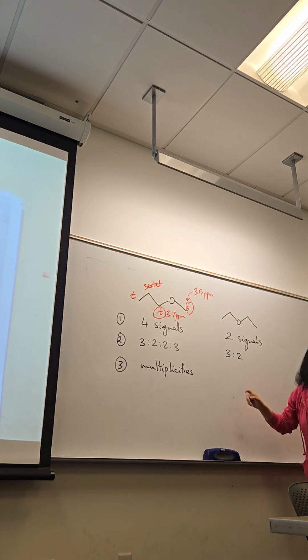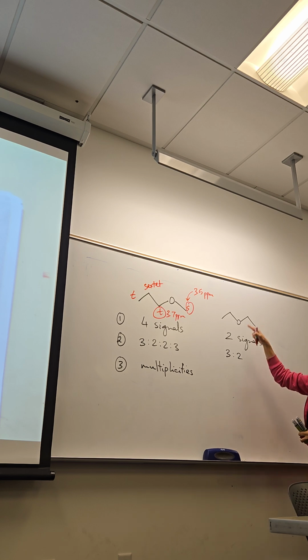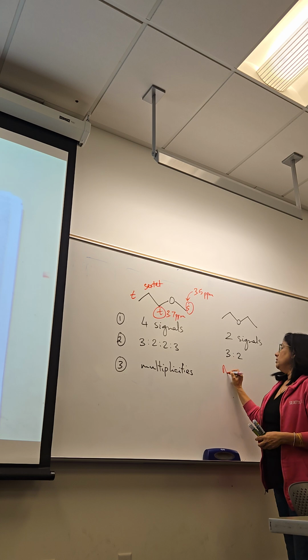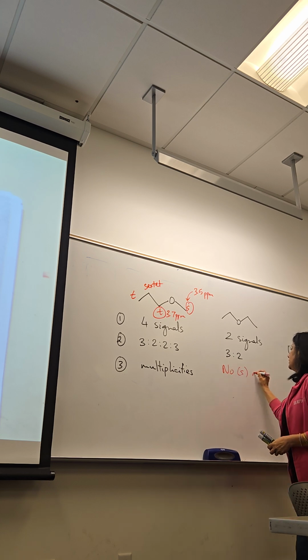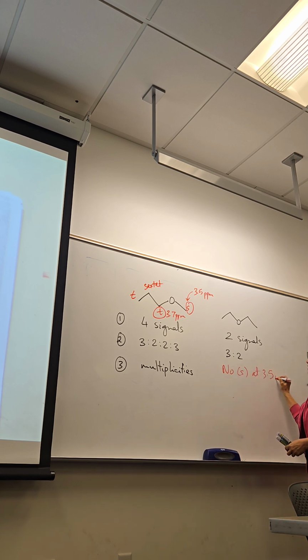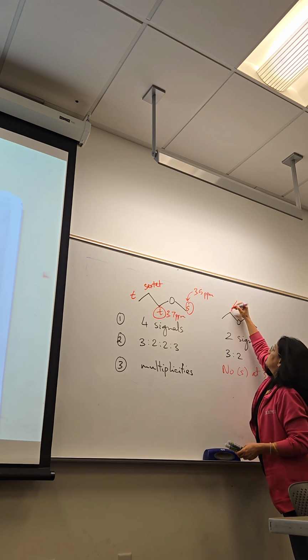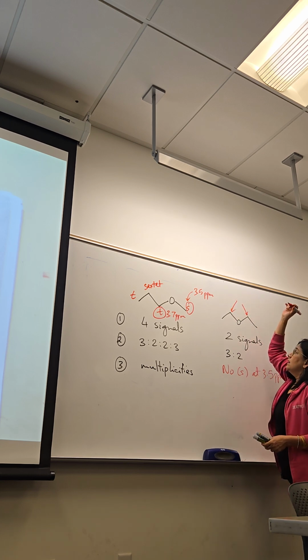We good, everybody? Yeah. What about here? Only 2 signals, integration 3:2. Will there be a singlet at 3.5? There will be no singlet at about 3.5 because there is no CH3 attached to the O. You guys see that? Yeah. Where would these be expected? Careful.